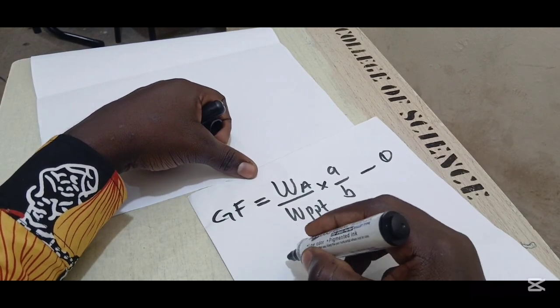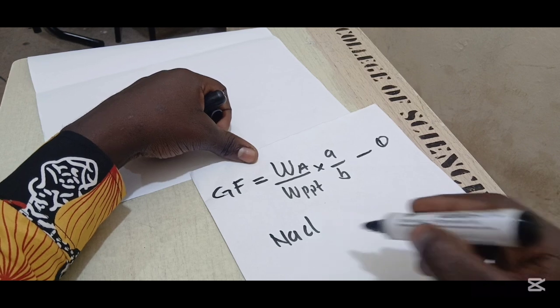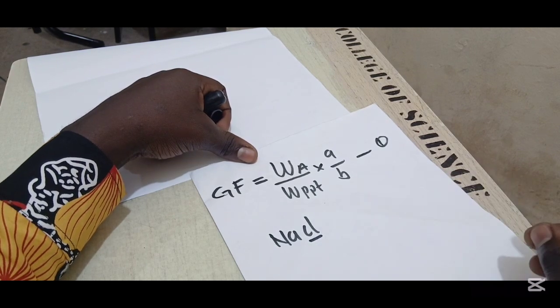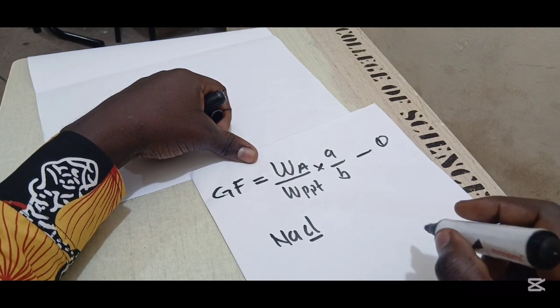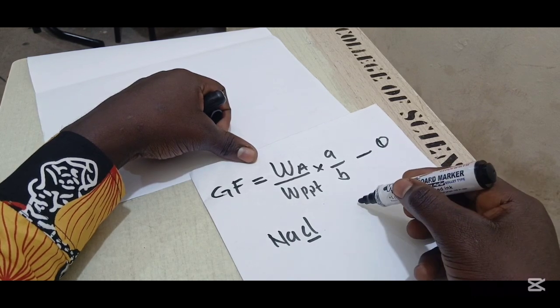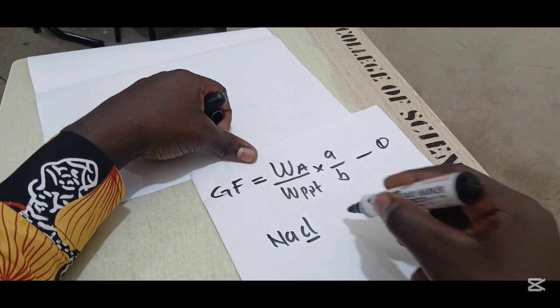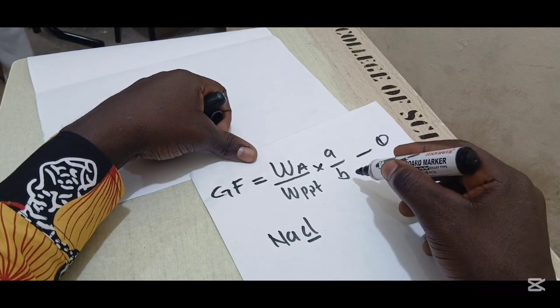Assuming we have NaCl, our analyte now is Cl, we have to calculate the gravimetric factor for Cl in sodium chloride. It's going to give us the weight of Cl divided by the weight of the whole of sodium chloride, multiplied by the stoichiometric coefficient.